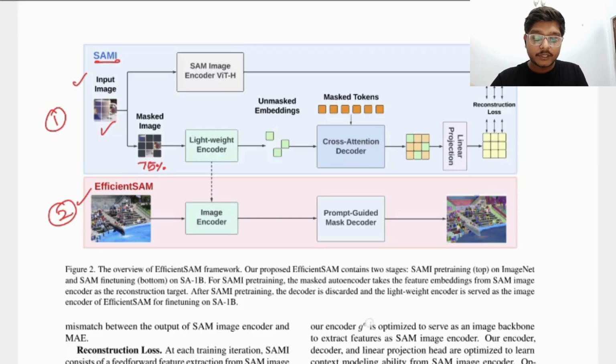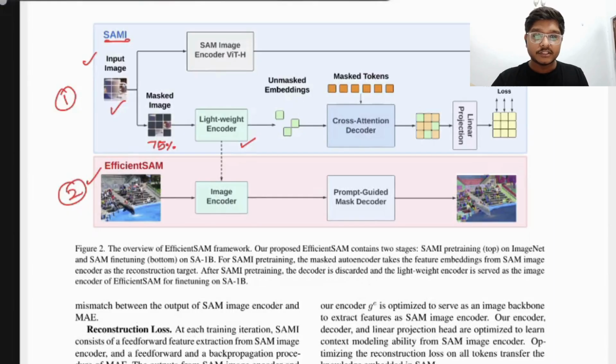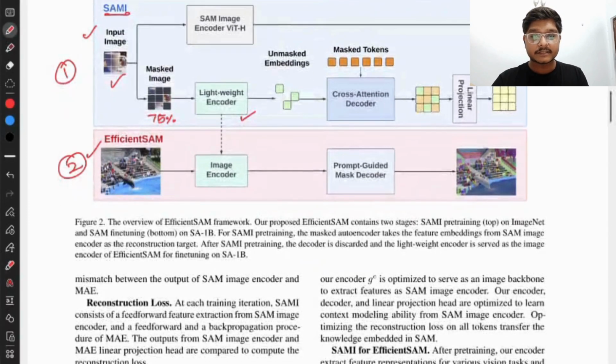Then comes the lightweight encoder. This is the master stroke here. Only a small portion of the image is visible, and these unmasked tokens are fed into the lightweight encoder. Its job is to extract the latent representation from these few visible fragments. Then comes the cross-attention decoder, which is the major departure from standard MAE.